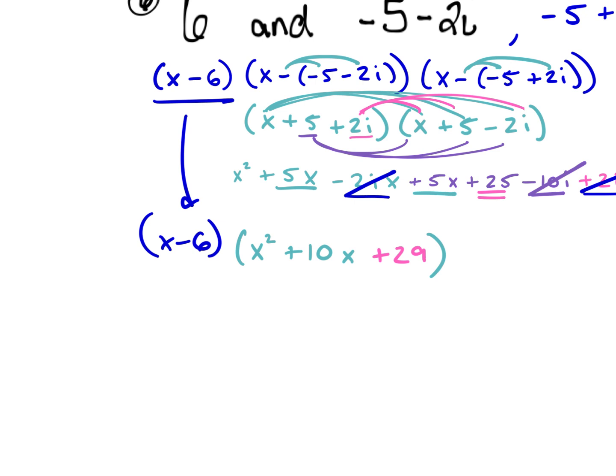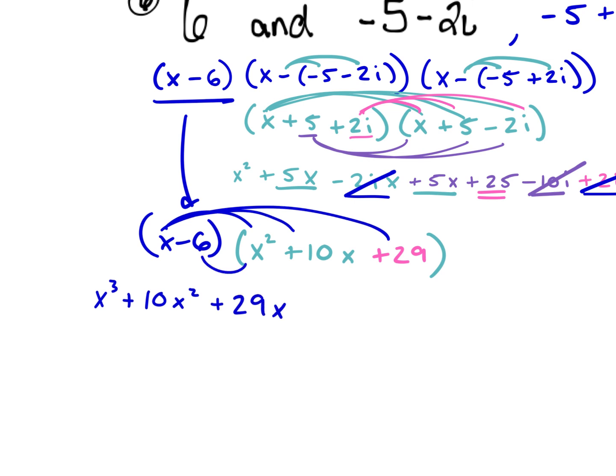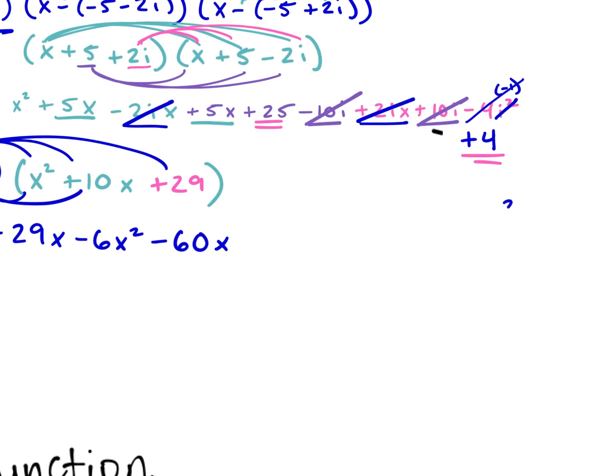So let's FOIL here. x times x squared is x cubed. x times 10x? 10x squared. Plus 29x. Negative 6x squared. Negative 60x. Let's write it down. 29 times 6 is 174.